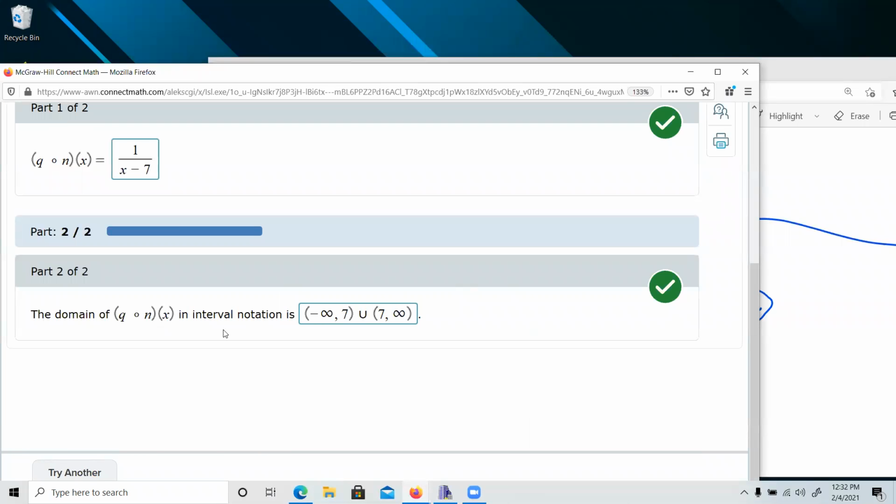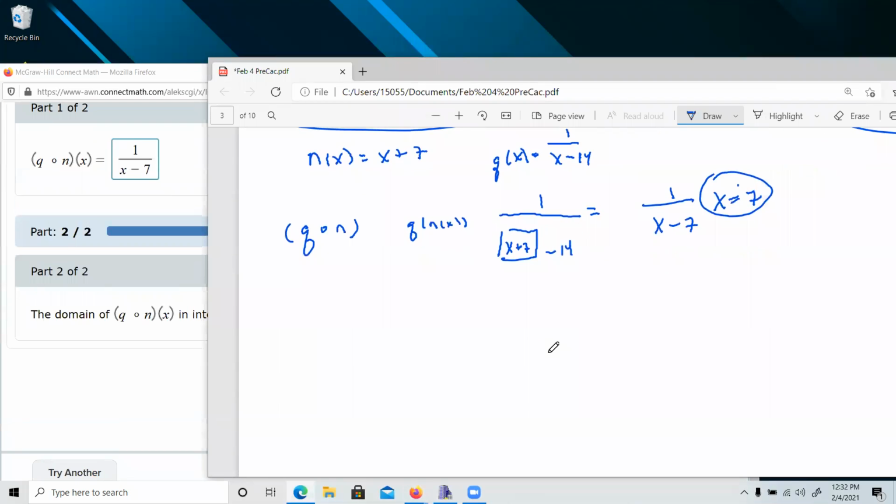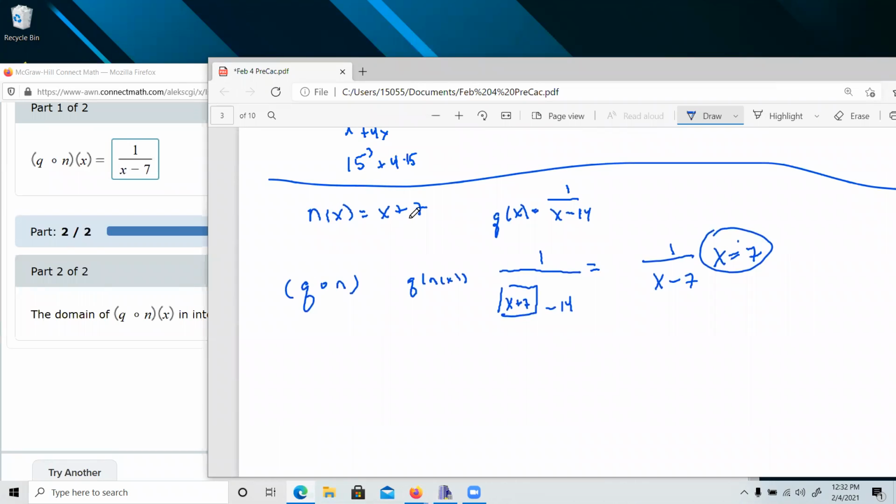The reason is that the only way to get 14 out of n is to put 7 in here. Because normally you would not want x to be 14 either.